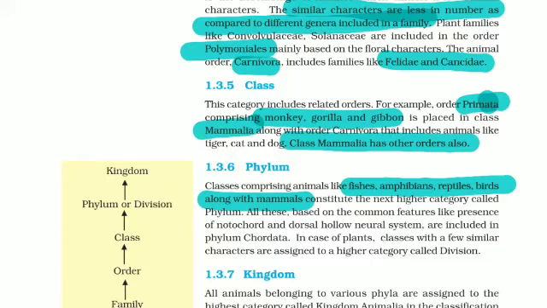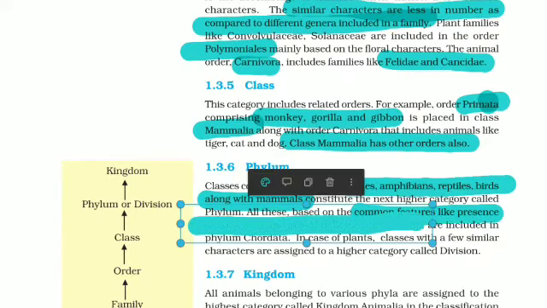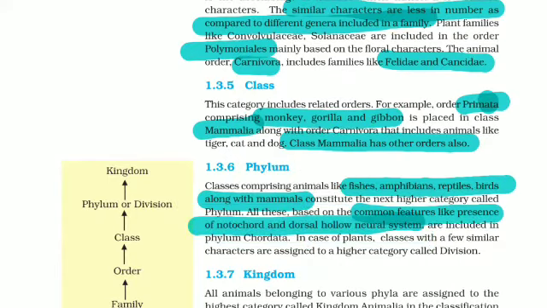This phylum has common features like the presence of a notochord and a dorsal hollow neural nerve cord. We'll be studying the neural system and the notochord in the kingdom Animalia lesson.